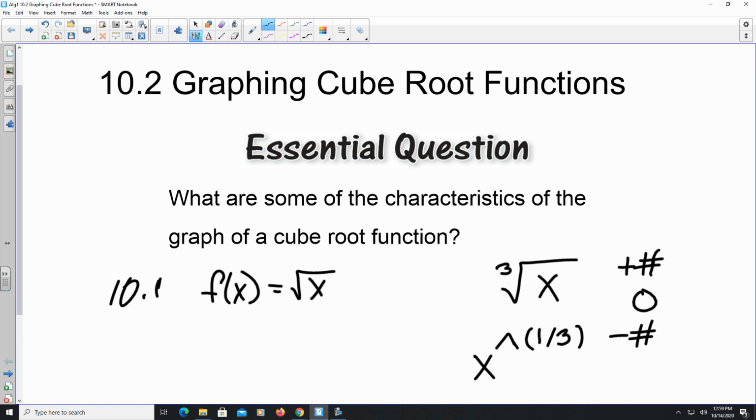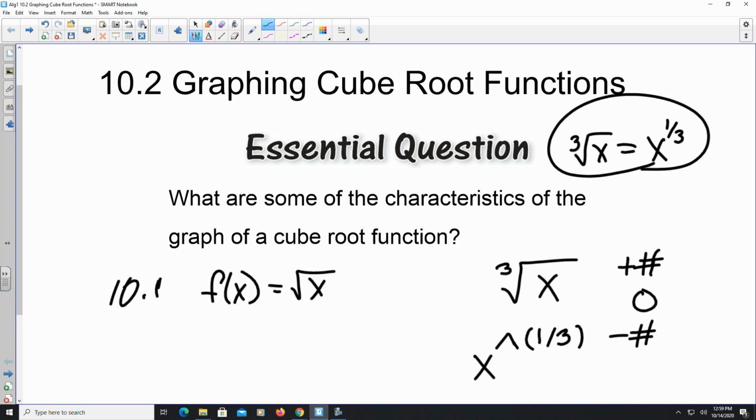The cube root of x is the same thing as writing x to the 1/3 power. Both of these mean exactly the same thing. So if you don't have cube root capabilities on your calculator, that is how you would address that.